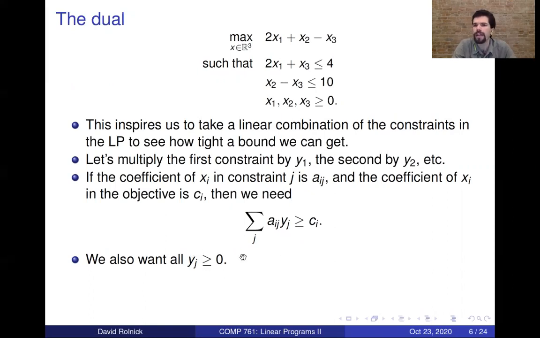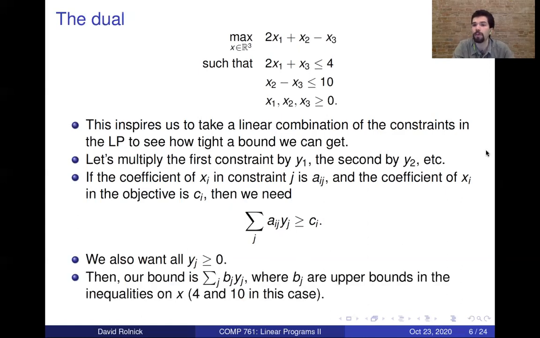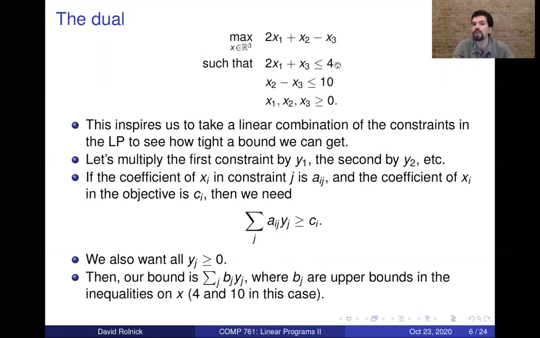And what are we trying to optimize here? Well, we would like the best upper bound. We'd like to have an upper bound, but we'd like it to also be the best one. And what is the upper bound? Well, the upper bound is combining all of these. So in this case, it was 4 plus 2 times 10. So in general, it's going to be the sum of bj, which is these things, times yj, which is the things we're multiplying by.